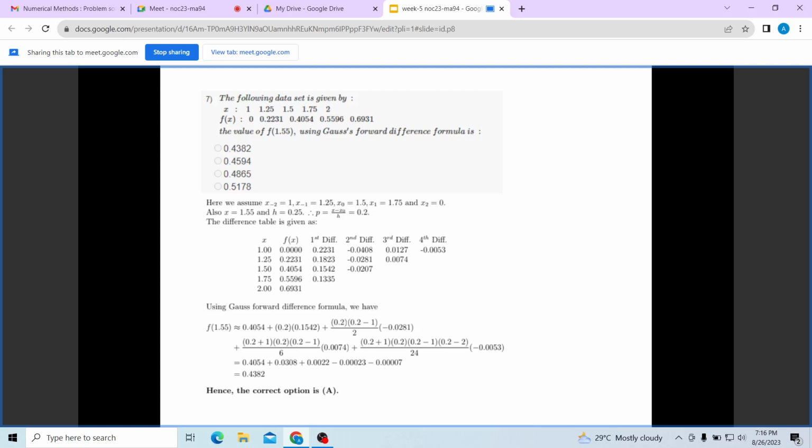If you have any doubt in the formula or any of the steps, tell me and check: are you getting f of 1.55 as 0.4382?